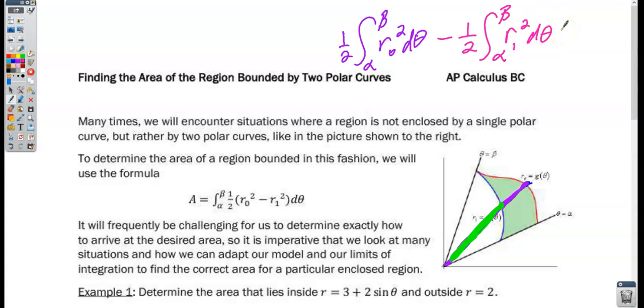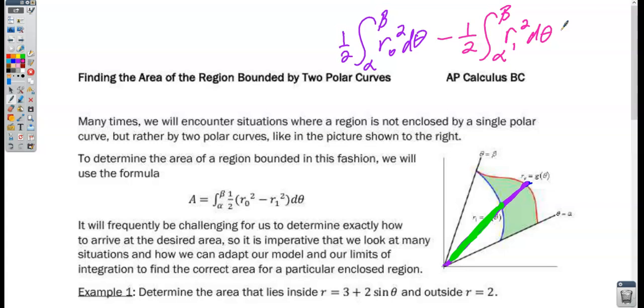And then you can factor out and combine those into a single integral. This is akin to the leap that we made when we were finding area under a single curve in Cartesian form to area between two curves in Cartesian form. A lot of times when we're doing this, it's challenging to figure out exactly how to arrive at the desired area.